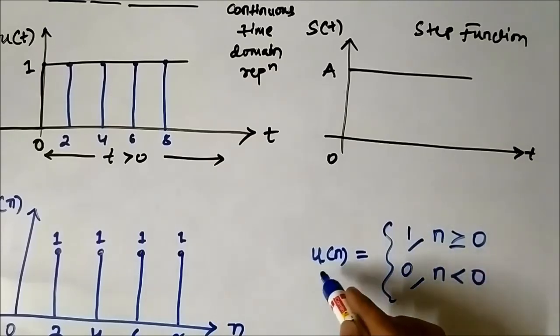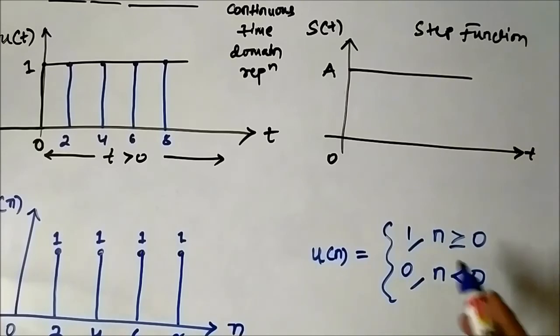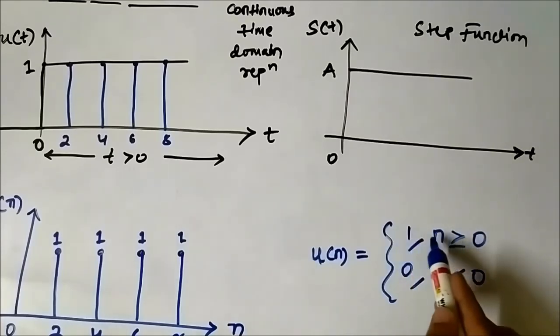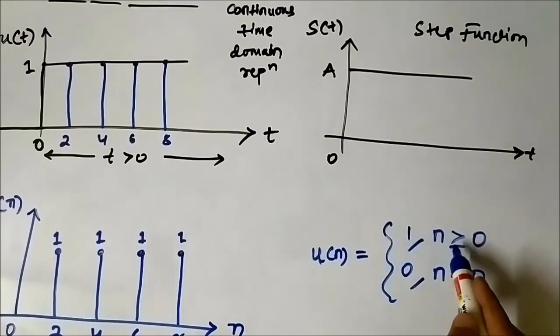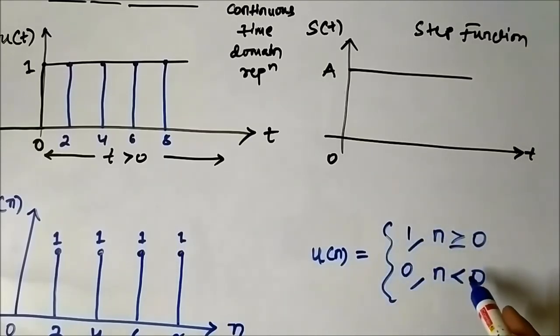It has constant unity magnitude for discrete time n greater than or equal to 0, meaning for positive discrete time, and it is 0 for negative discrete time.